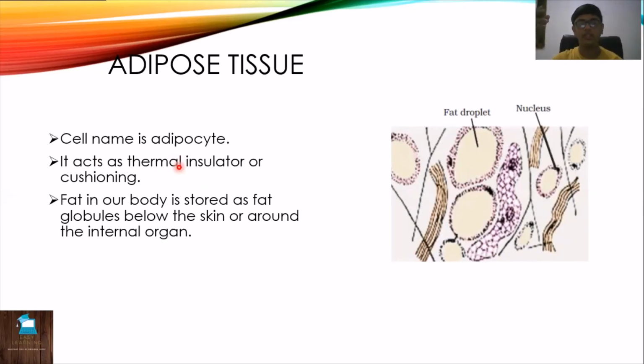The last point for this is that fat in your body is stored as globules below the skin or around the internal organs. You can see that this part, the bicep part of your body, is fat, or your stomach is fat. That's because it is stored as globules in the space around the internal organs.